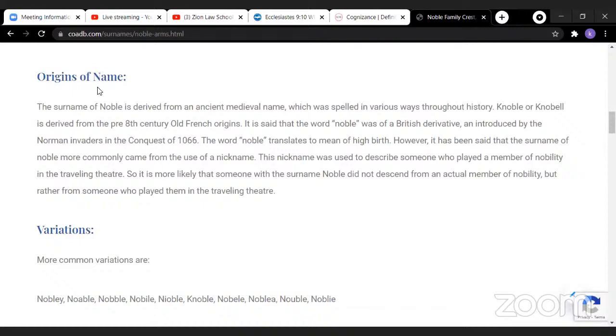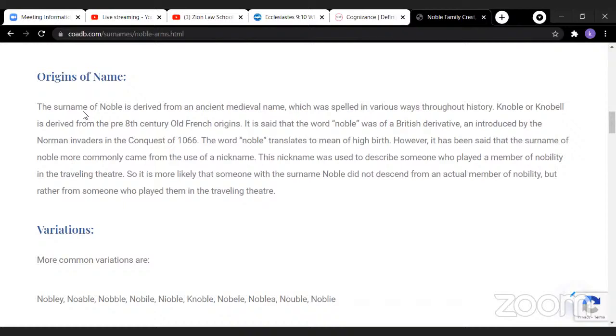The surname of Noble is derived from an ancient medieval name, which was spelled in various ways throughout history. Noble or Nobel is derived from the pre-8th century Old French origin. It is said that the word noble was of a British derivative and introduced by the Norman invaders in the conquest of 1066. The word noble translates to mean of high birth.